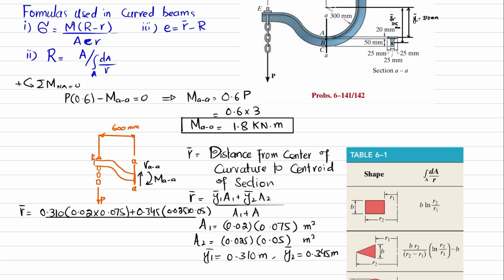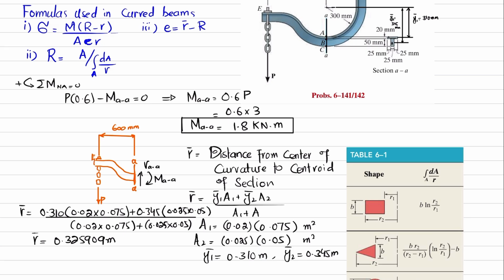So A1 is 0.02 multiplied by 0.075 plus A2 is 0.025 multiplied by 0.05. Okay, so when you solve this, you will get R dash comes out to be 0.325909 meter.